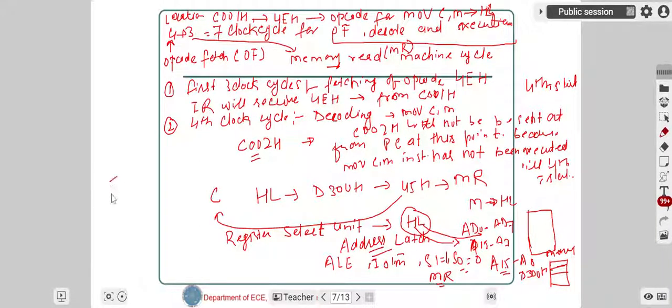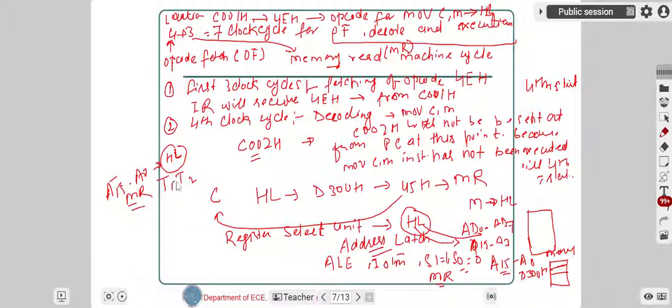That address would be sent through the A15 to A0 lines, and that address would be constituted by the HL register pair contents. So all this will happen during the T1 and T2 clock cycles of the memory read machine cycle.